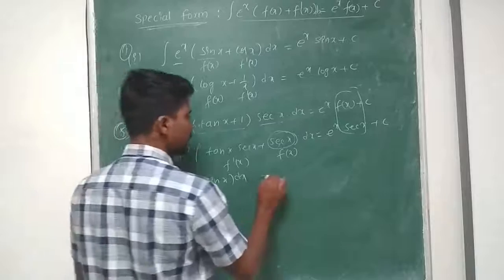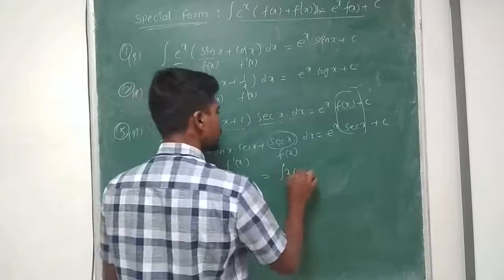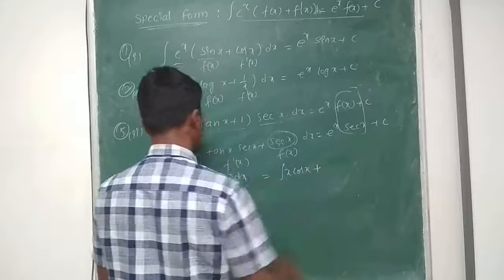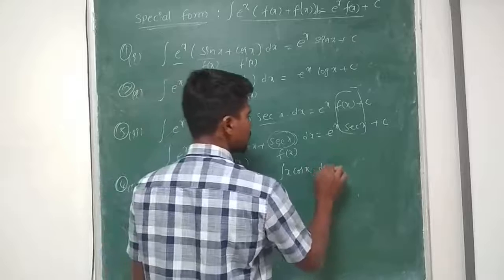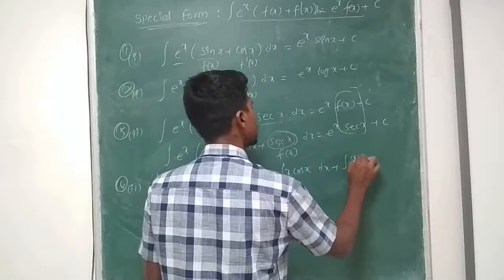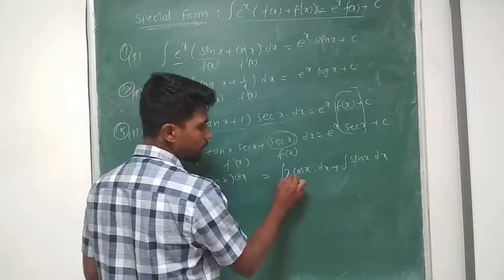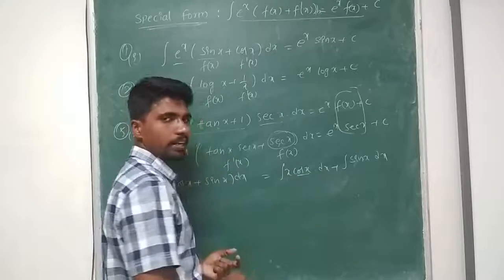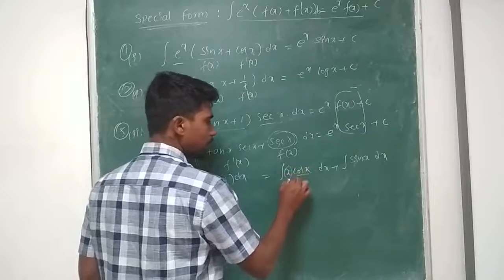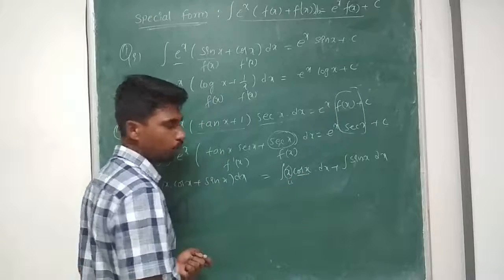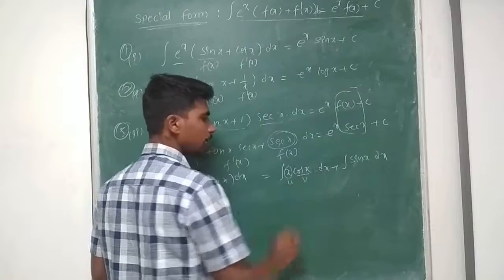So this can be rewritten as integral x into cos x dx plus integral sin x dx. Here the algebraic function comes first, next is the trigonometric function. So this algebraic function I can consider as u, and the trigonometric function I can consider as v.